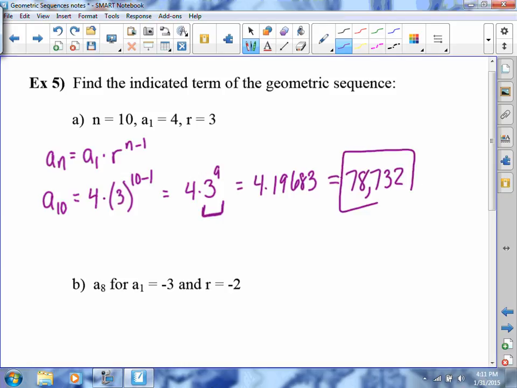Oh my gosh. So if you have a sequence that starts with 4 and you multiply by 3 every single time, your 10th term will already be 78,732. That's a fast growth rate. That's big exponential growth.